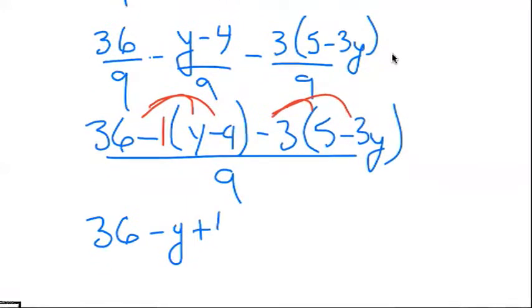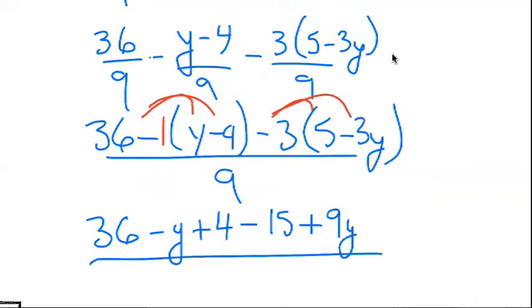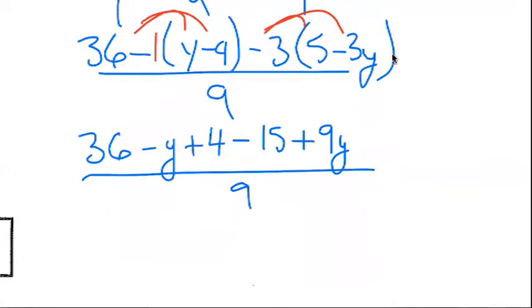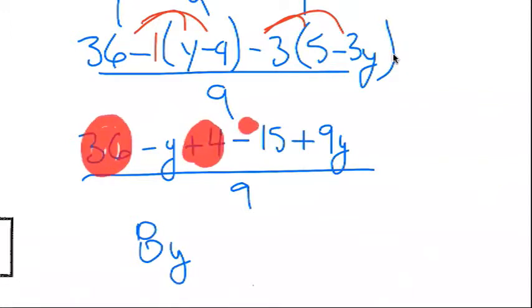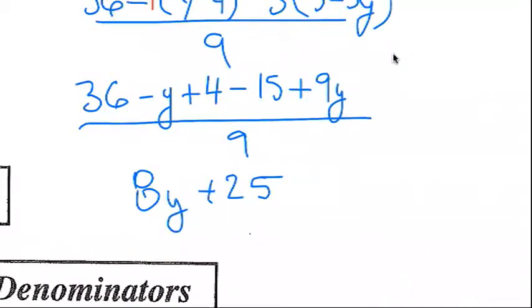Yeah, it's a 4. 4 minus 15 plus 9y, all over 9. 36 plus 4. Actually, let's do the y's first. When we combine our y's, minus y plus 9y is 8y. And then we have 36 plus 4 is 40, minus 15 is 25, all over 9.